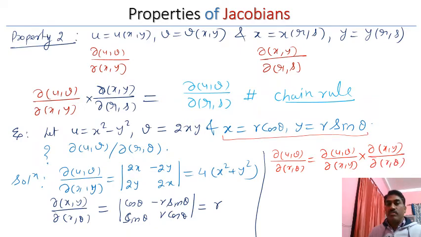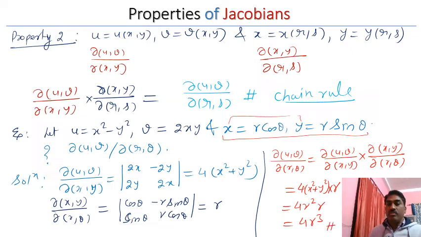So put these values. This is equal to 4 times x square plus y square into the Jacobian of xy with respect to r theta, which is r. So this is equal to 4 times x square plus y square times r, but again x square plus y square is equal to r square. So this is equal to 4 r square times r, and finally this is 4r cube.